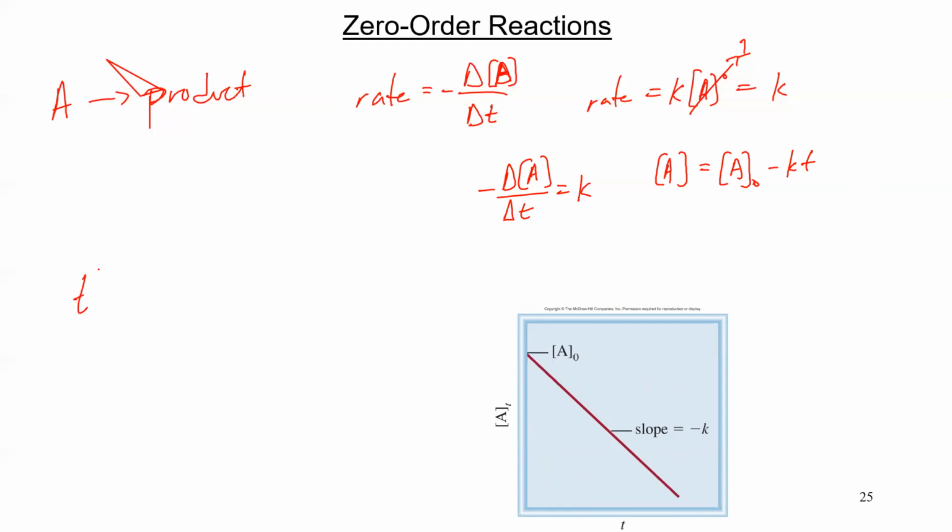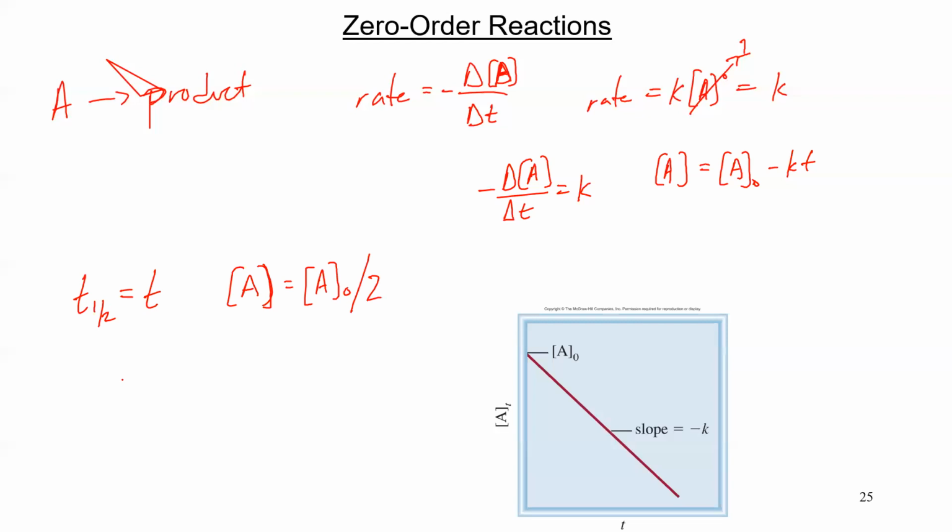So talking about half-life, since we spent a good bit of Friday talking about that, the half-life here is very similar to first order: when time is the half-life, A is equal to A naught over 2. So we have half of our initial concentration at our half-life time.